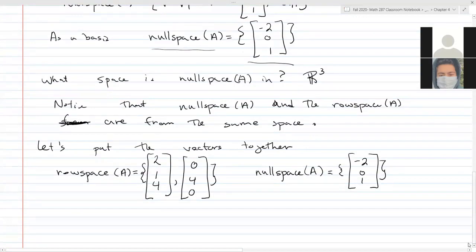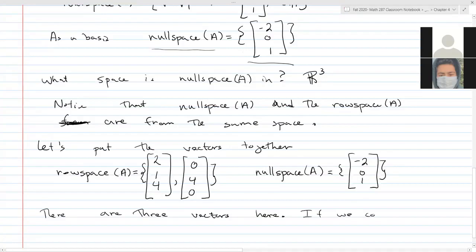Those two are in the same space. Now notice also that there are 3 vectors here.